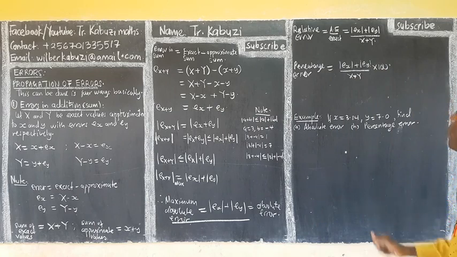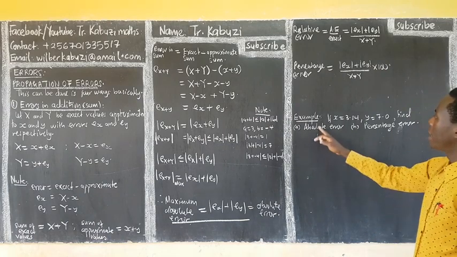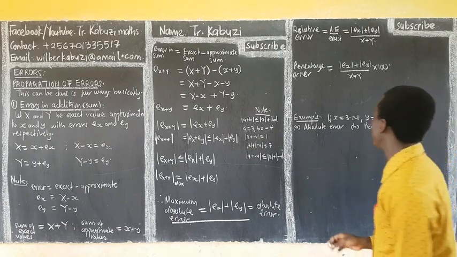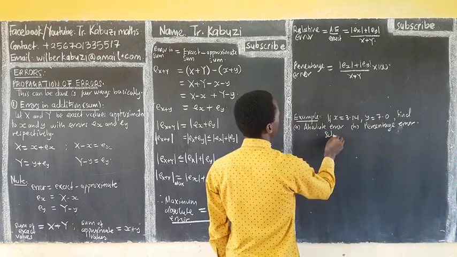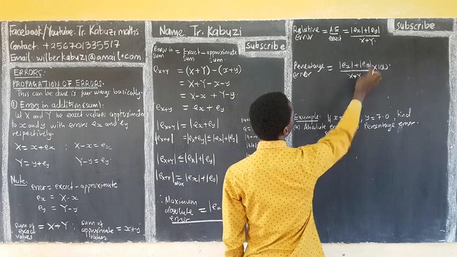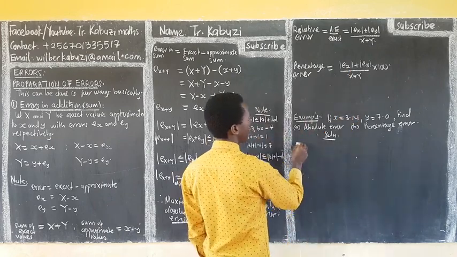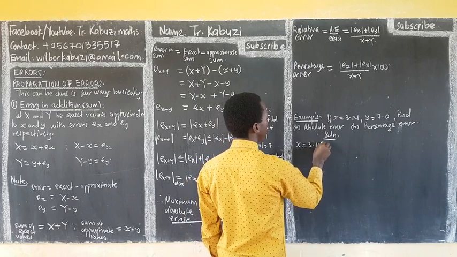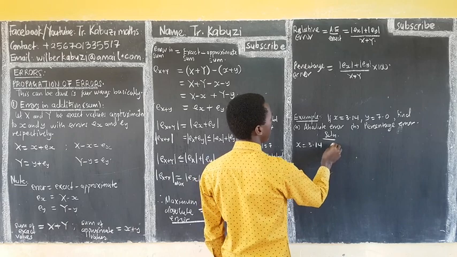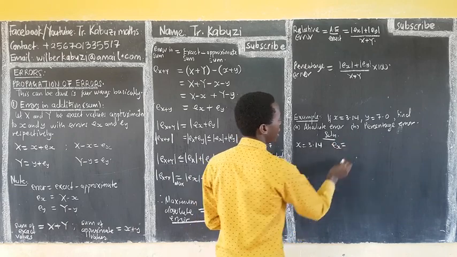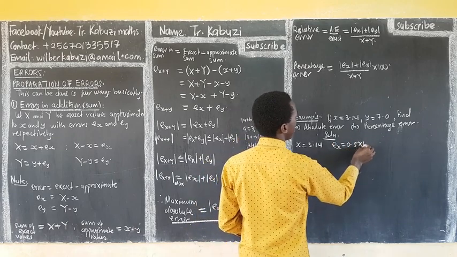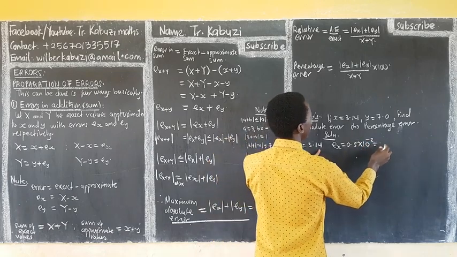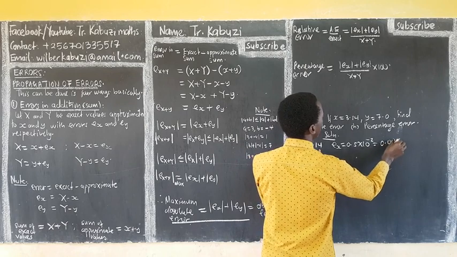Now, I give you a nice example here. Example, if x is this and y is this, find the absolute error. In simple terms, to get the absolute error you need the error in x and the error in y. You see my x is 3.14, implying that my error in x will be 0.5 times 10 to the negative 2, because this was rounded off to 2 decimal places, which will be 0.005.